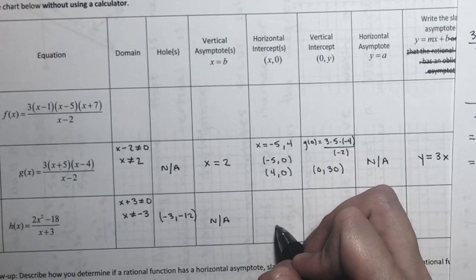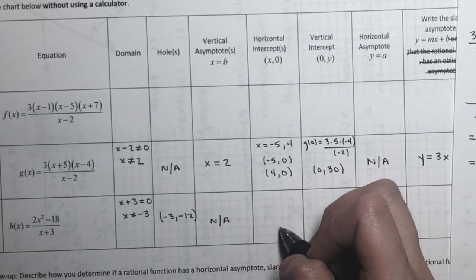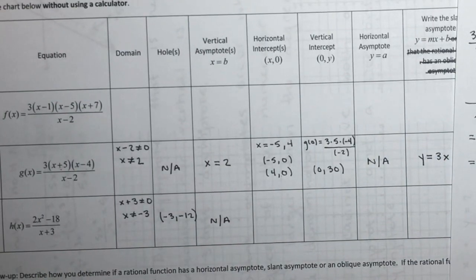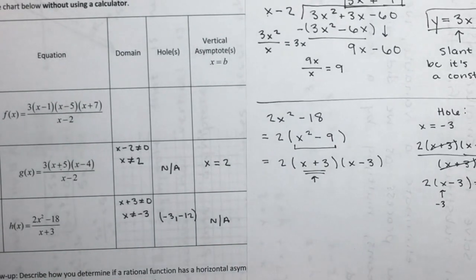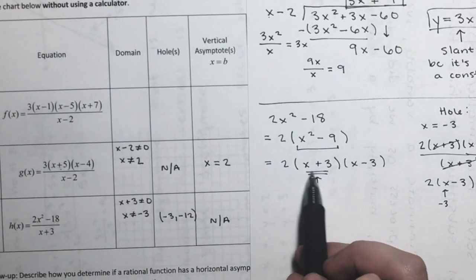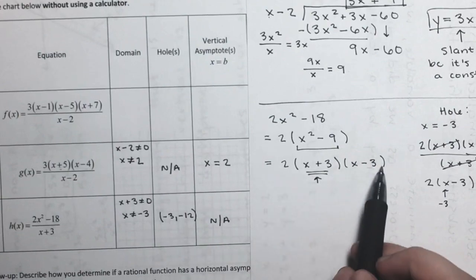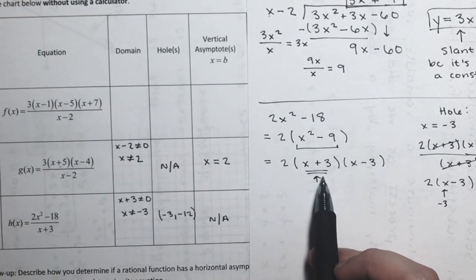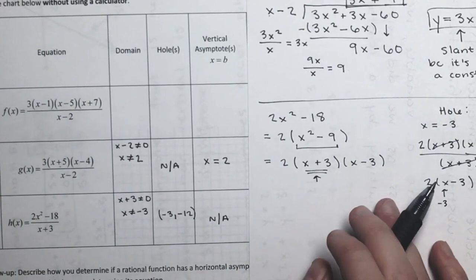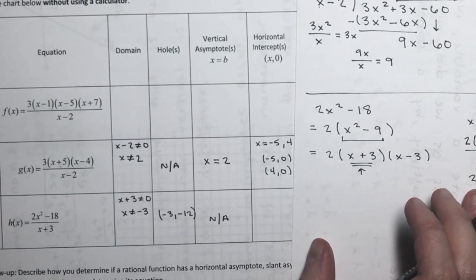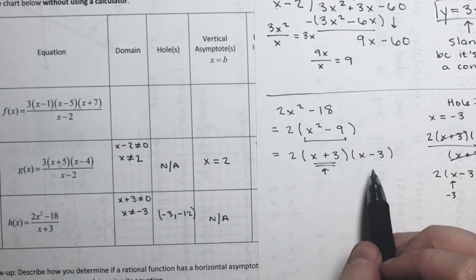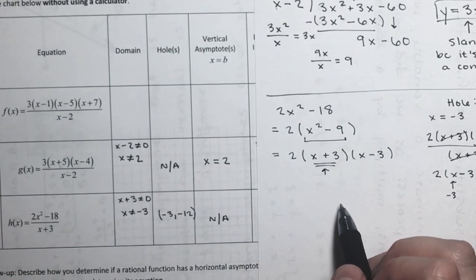All right, horizontal intercept. So this time again, we want to figure out where this function is equal to 0. That's going to be where the numerator is equal to 0, so where this guy is equal to 0, but not the denominator, right? Horizontal intercepts come from where the numerator is equal to 0, but not the denominator.